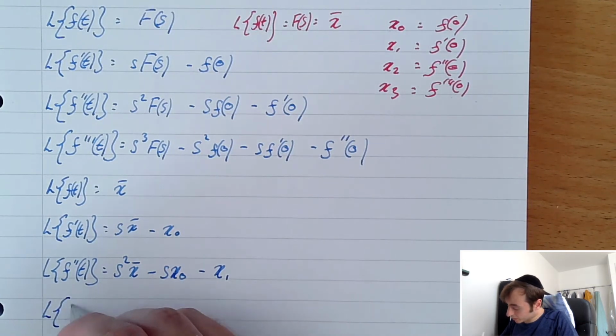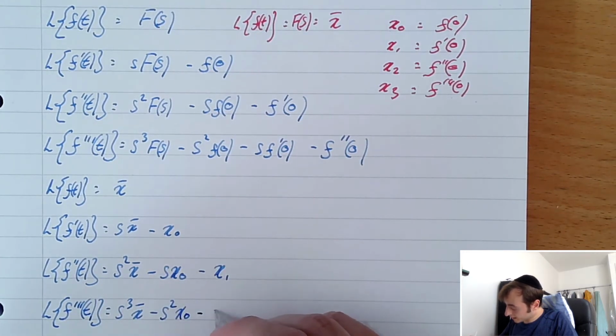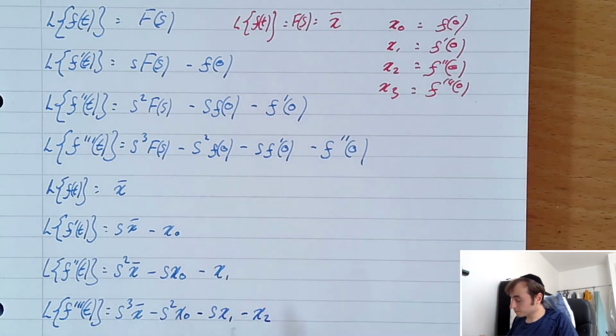Now let's do the Laplace transform of f triple prime t. That's going to be s cubed x bar minus s squared x naught minus s x1 minus x2. Yeah.